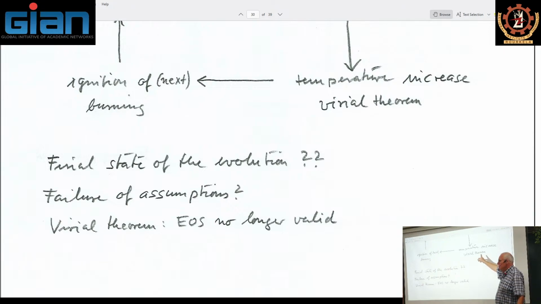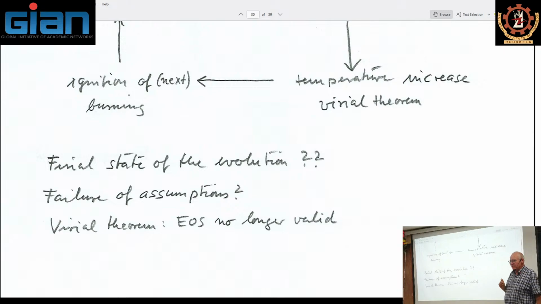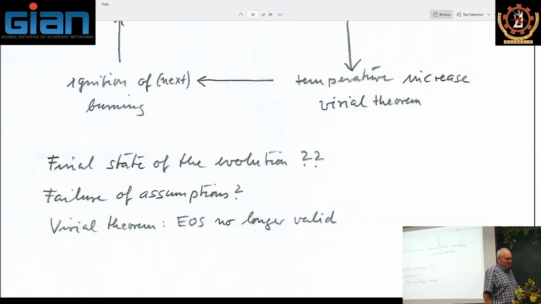We cannot apply it anymore. And this virial theorem is responsible for an increase of temperature once the star contracts. So this is no longer valid because the equation of state changes.